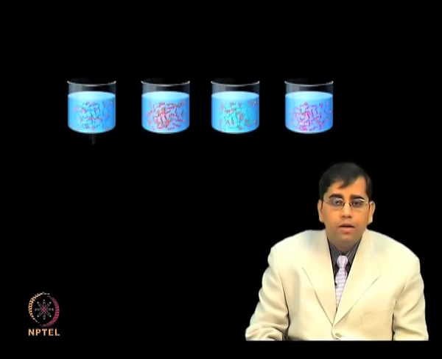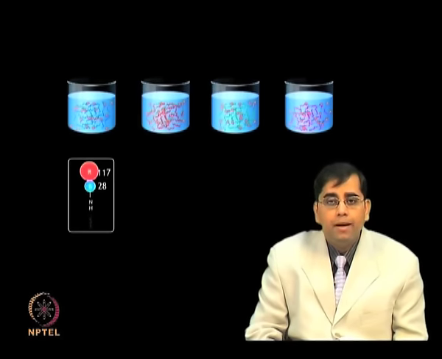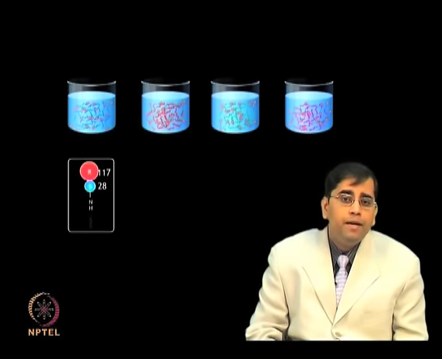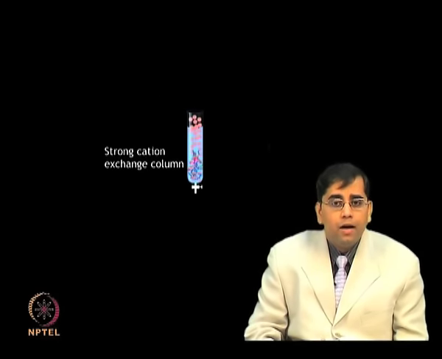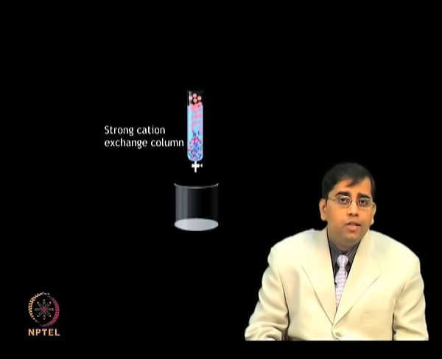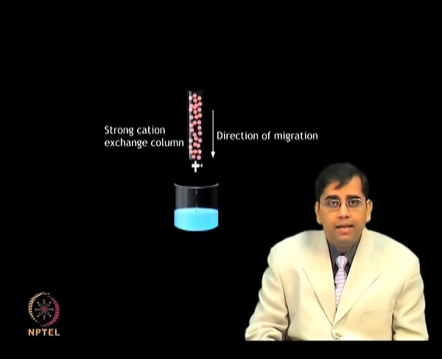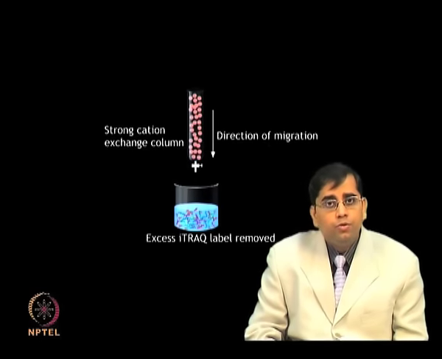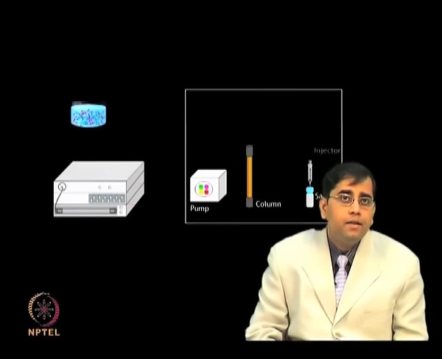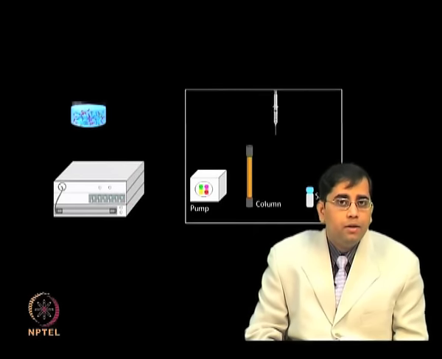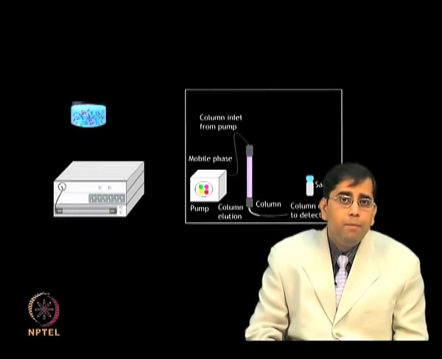An iTRAQ reagent consists of a reporter group, a balancer group and a peptide reactive group. Pooled samples are purified on a strong cation exchange or SCX column to remove the excess unbound reagent. These isobaric labels are detected upon fragmentation and release in mass spectrometry.